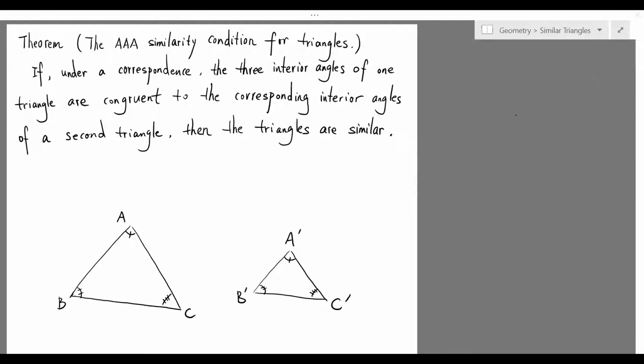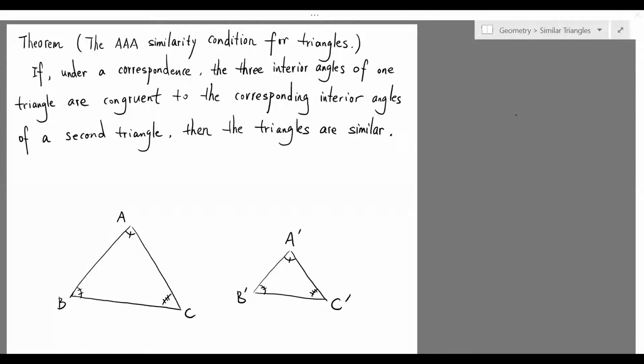It says that if, under a correspondence, the three interior angles of one triangle are congruent to the corresponding interior angles of a second triangle, then the triangles are similar.